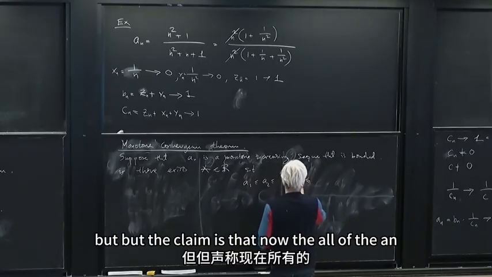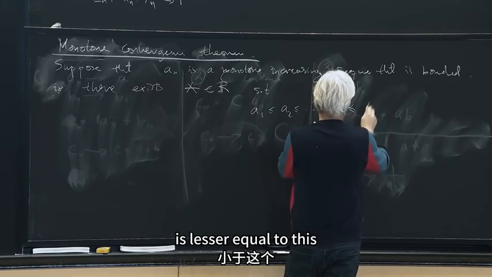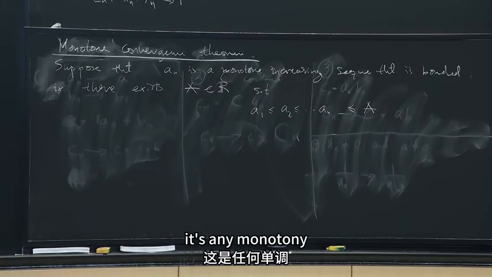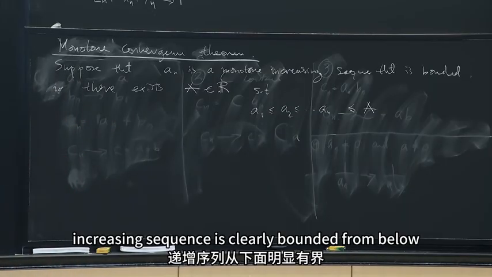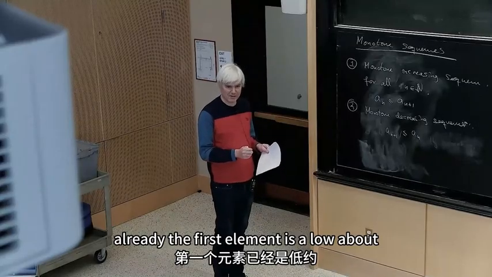But the claim is that now all of the a_n are less or equal to this A. Any monotone increasing sequence is clearly bounded from below, because already the first element is a lower bound.